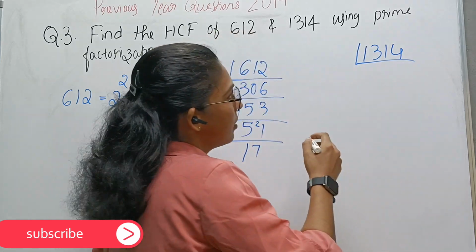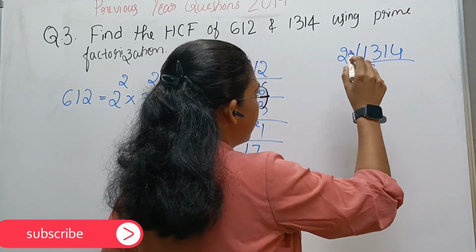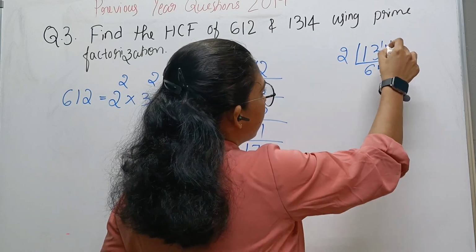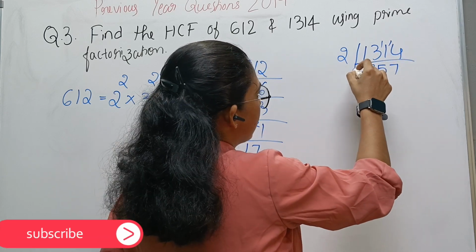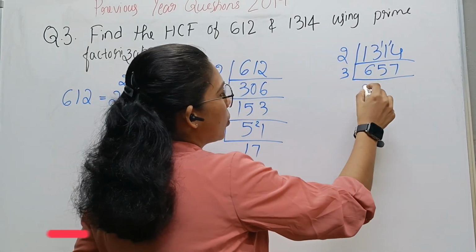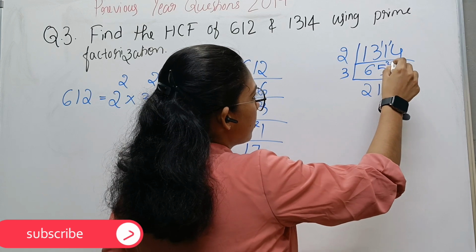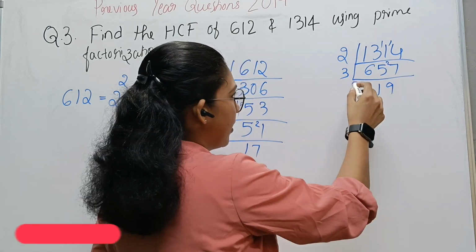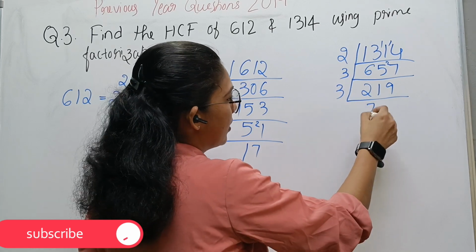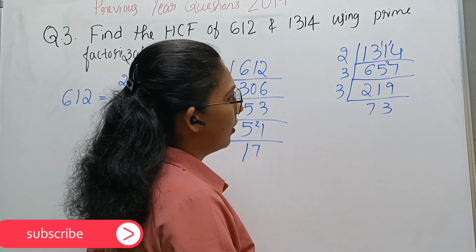Let's start with 2. 6 2s are 12, 5 2s are 10, 7 2s are 14. Again divide with 3: 2 3s are 6, 9 3s are 27, 7 3s are 21, 3 3s are 9.